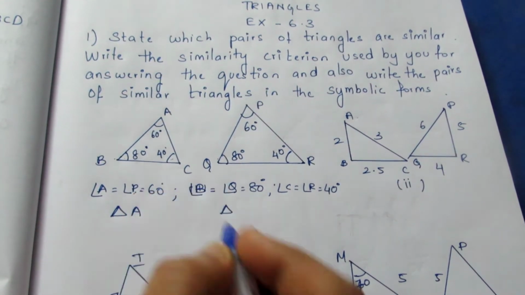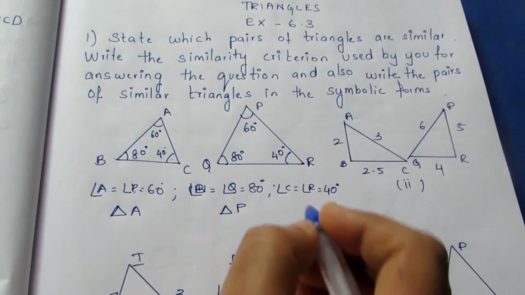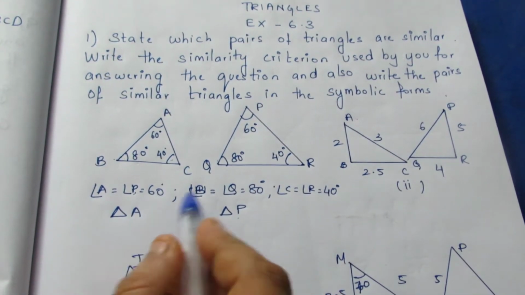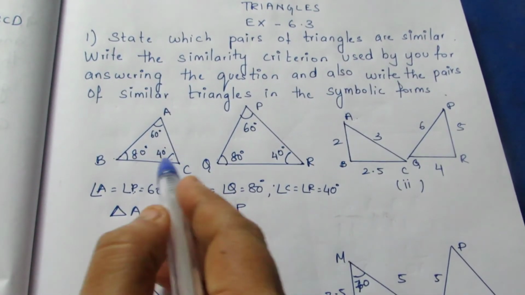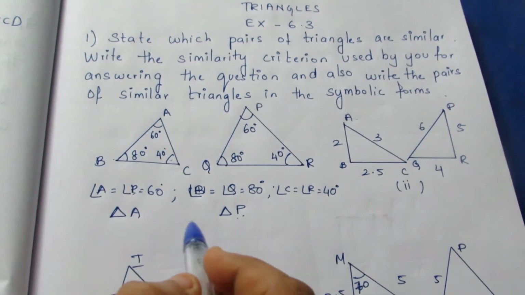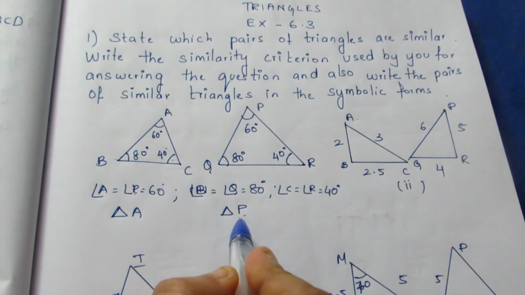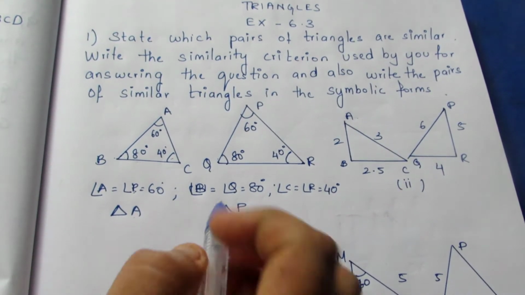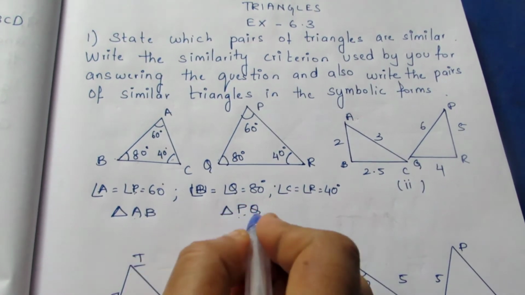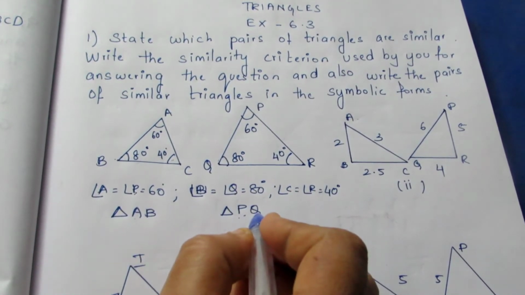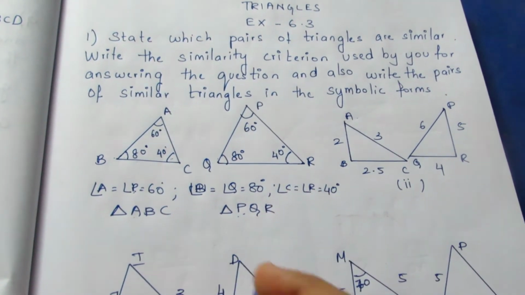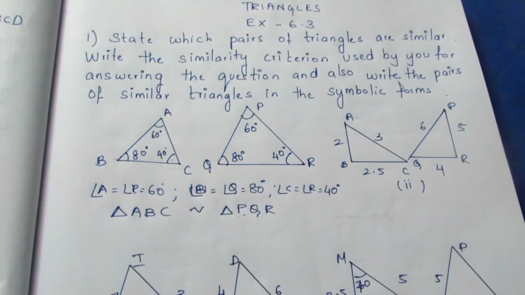If I write A first, here P should be written first because the angles should be equal. If I write B and P, it is wrong. Always the first letter angle should be the same. Then if I write B, I should write Q because B equals Q. The second angle should also be equal. If I write C, I should write R. These two triangles are similar.